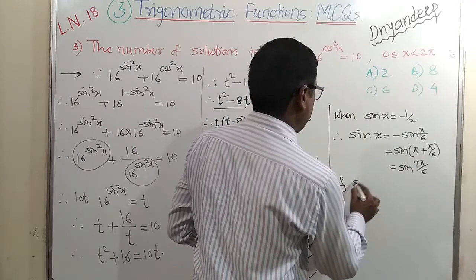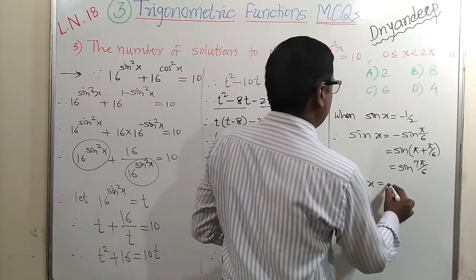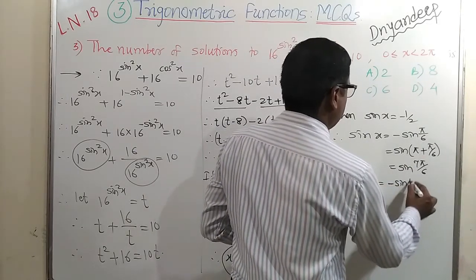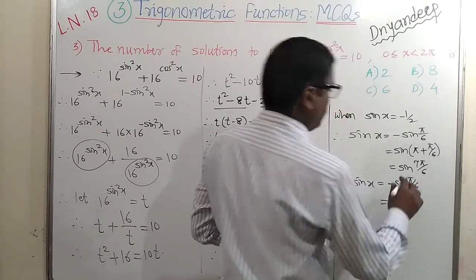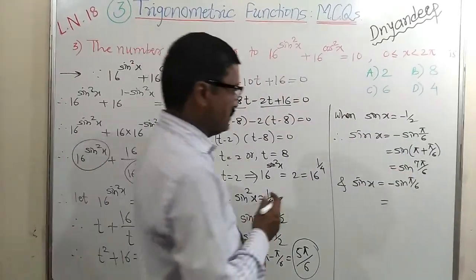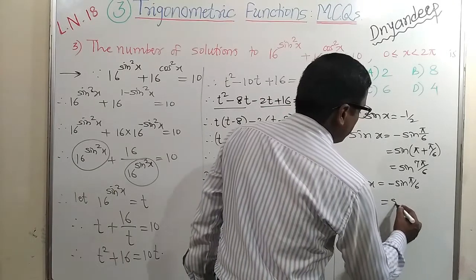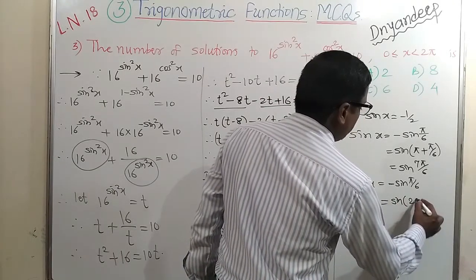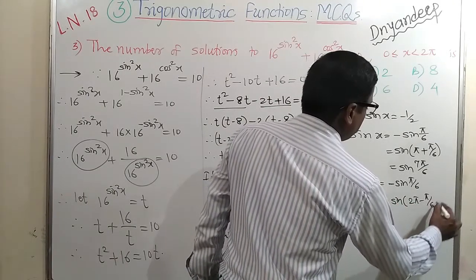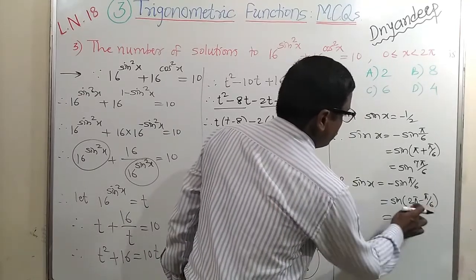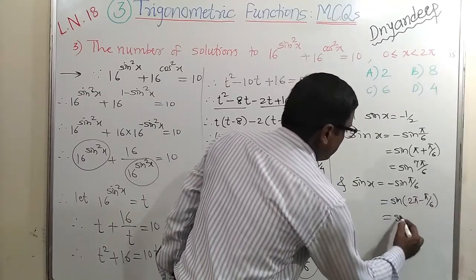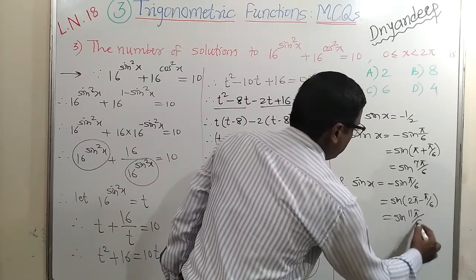Also in the fourth quadrant sin x is negative. So in the fourth quadrant, 2 pi minus theta, that is 2 pi minus pi by 6, is equal to 12 minus 1, that is 11, so sin 11 pi by 6.